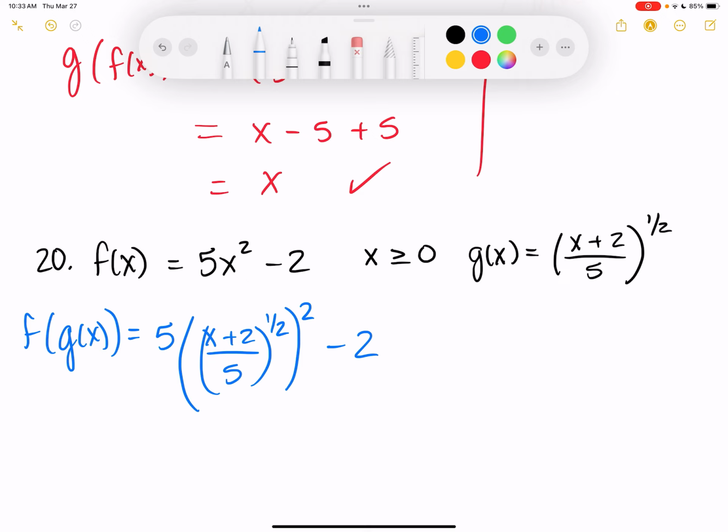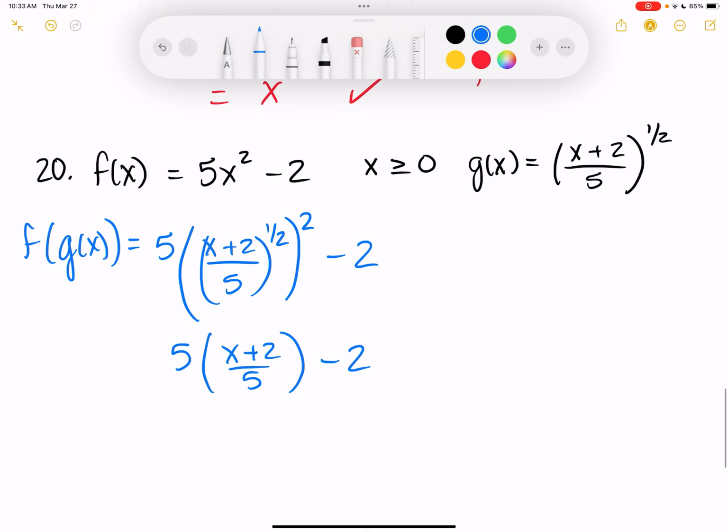It cancels out. So this ends up being 5 times (x plus 2 over 5) minus 2. The 5's cancel, so I end up with x plus 2 minus 2, which equals x. Look at that, Shepard was right.